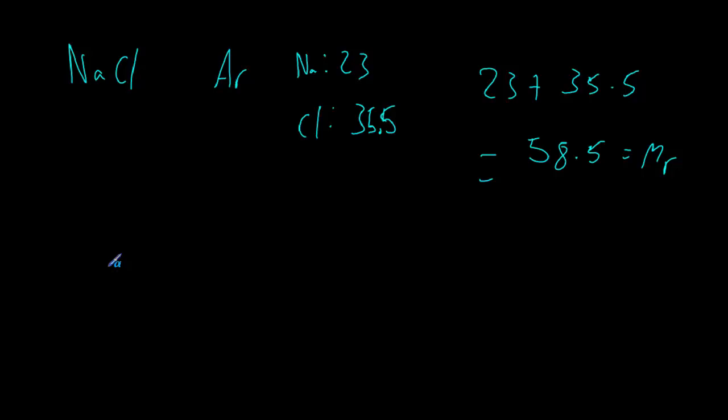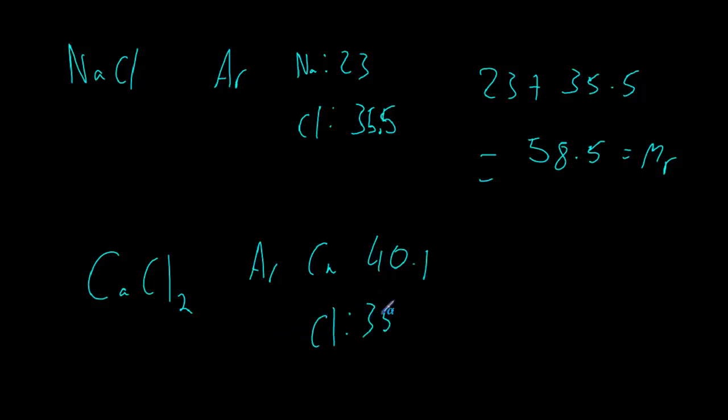If you had something like calcium chloride, we would have calcium, which has a relative atomic mass of around 40, I think it's 40.1, and chlorine, obviously, is 35.5. But in the formula, we have 2 of them. And so we need to double 35.5, which is going to give us 71.